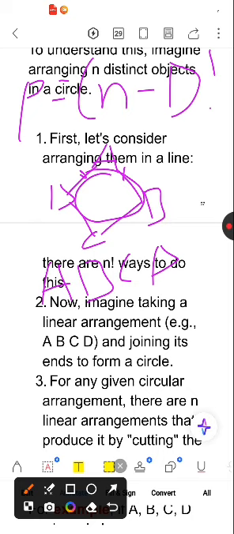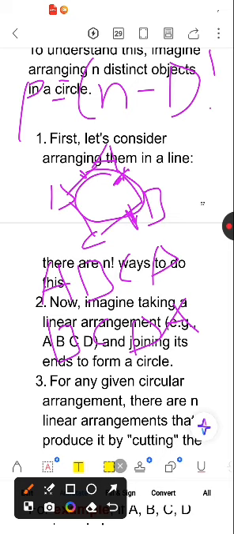Now you can try this at home. Get 4 different objects, tie them around a rope, and put them in circular form. If you cut at this side instead, you get B, C, D, and then A. This is another linear arrangement, from just one circular permutation.